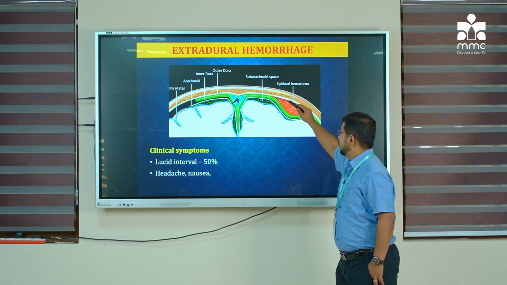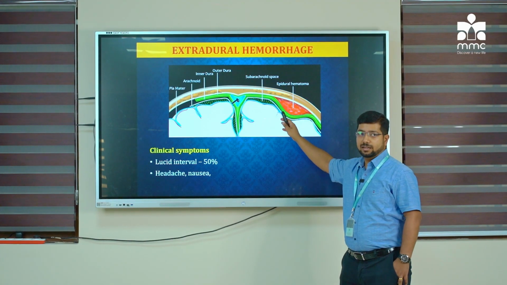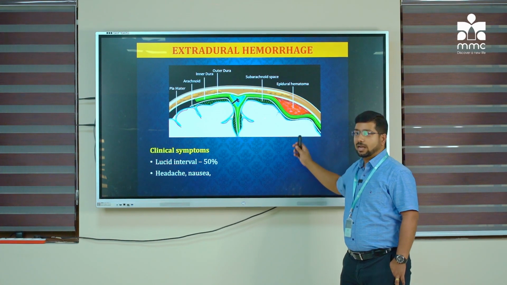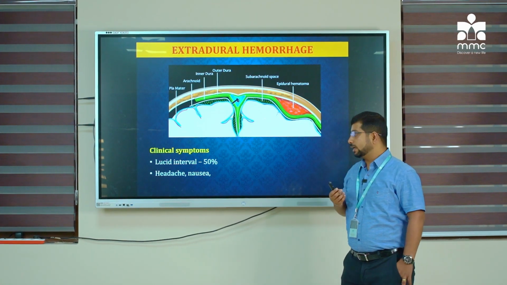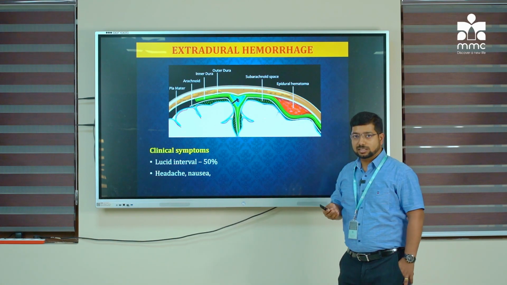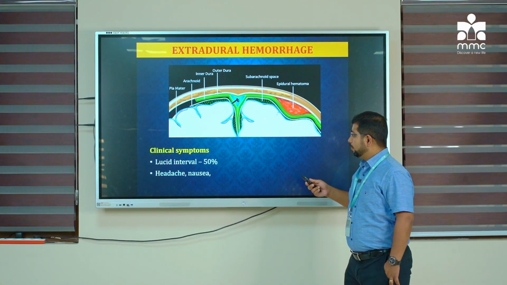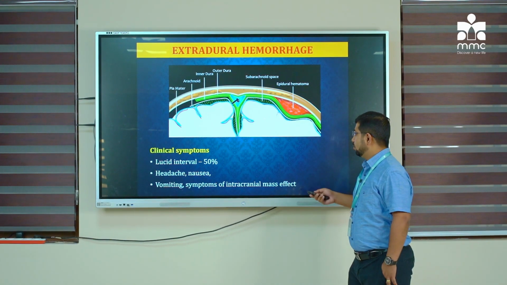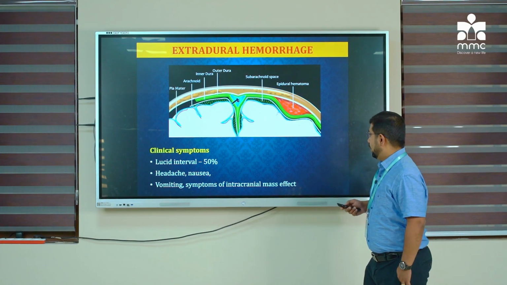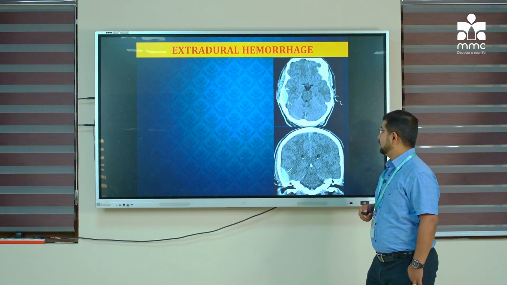But as the size of the hemorrhage increases, it compresses the brain, and there will be mass effect, midline shift, and all the vital structures of the brain get compressed, and because of increased intracranial tension, the patient loses consciousness again. The patient will also have headache, vomiting, nausea, and other symptoms of mass effect.